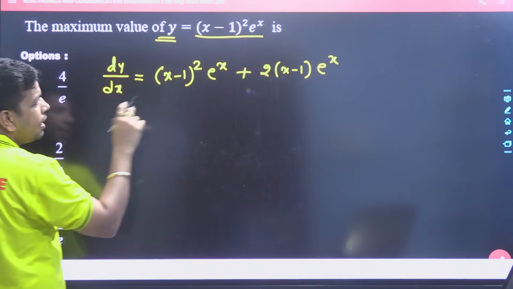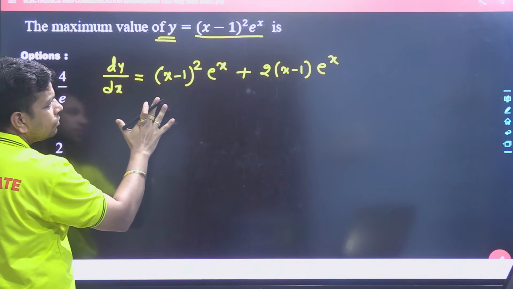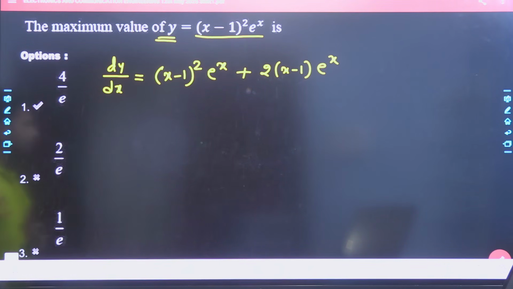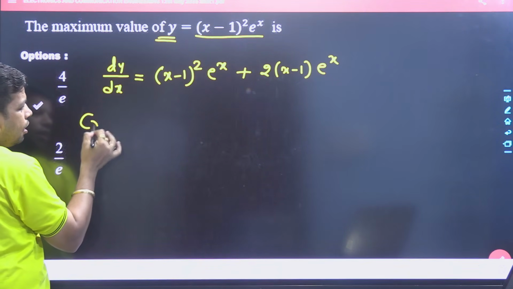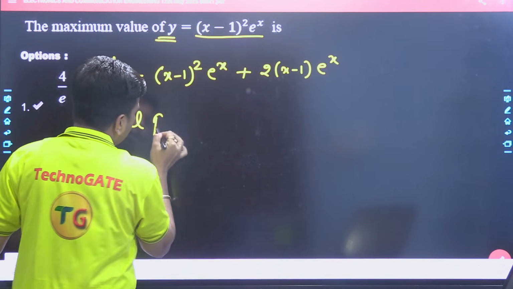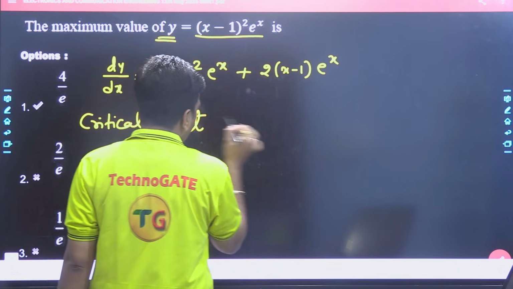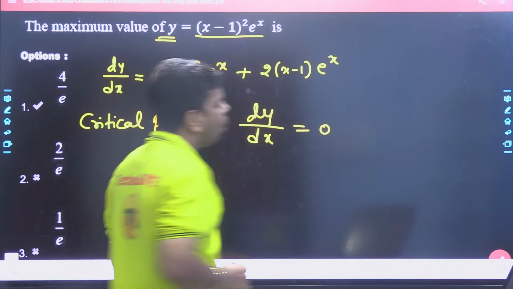Now here you can see, if you want to find the critical point, then you need to put dy by dx equals to 0.